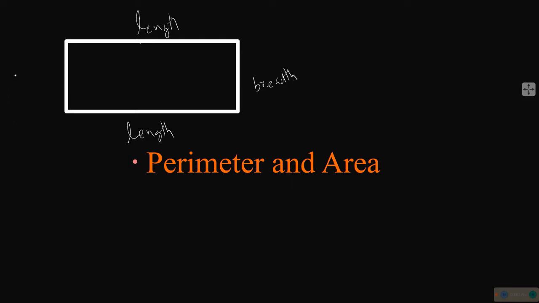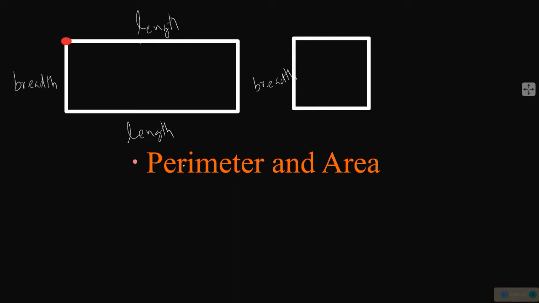The same way this is also breadth, which will be equal. The opposite sides are equal in a rectangle. And 2 times this length and breadth is the total of the boundary. Just like how much this oval ball is traveling, that is the perimeter of that rectangle. Understood?